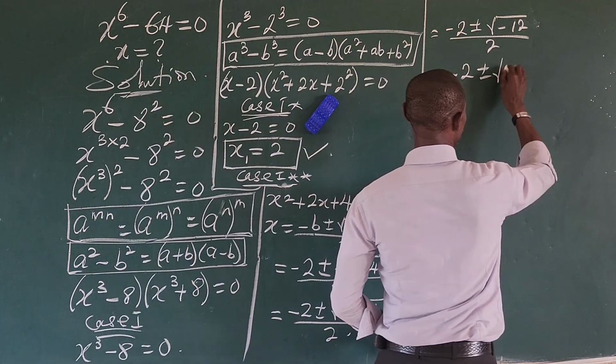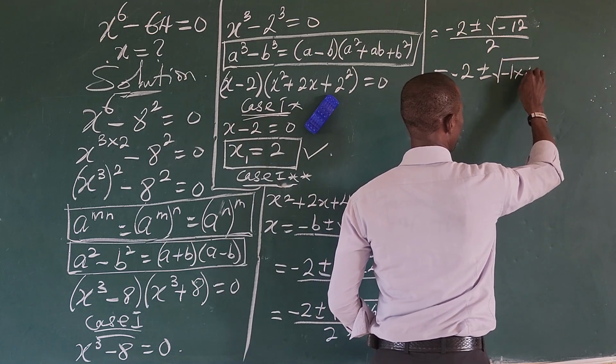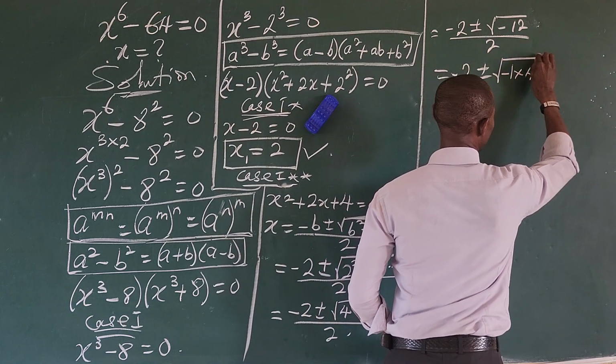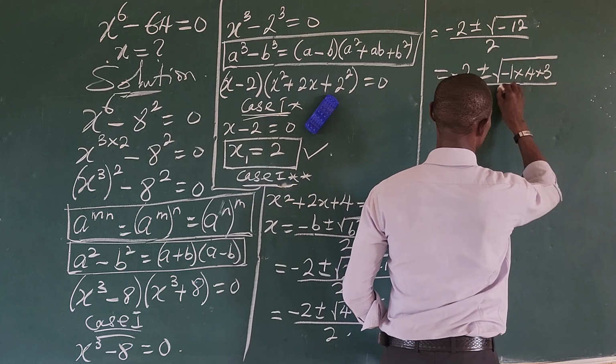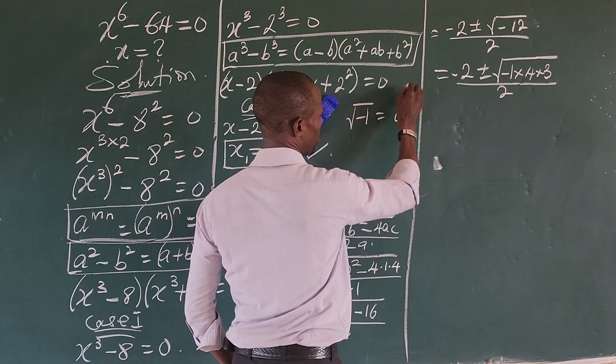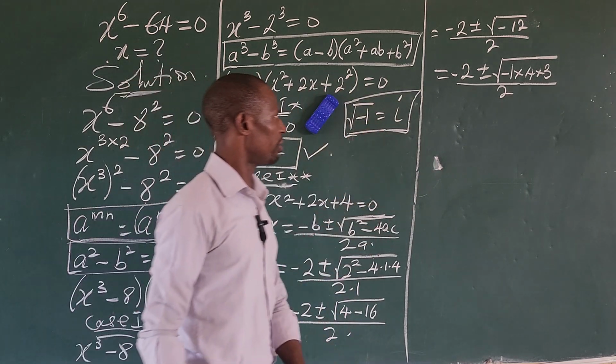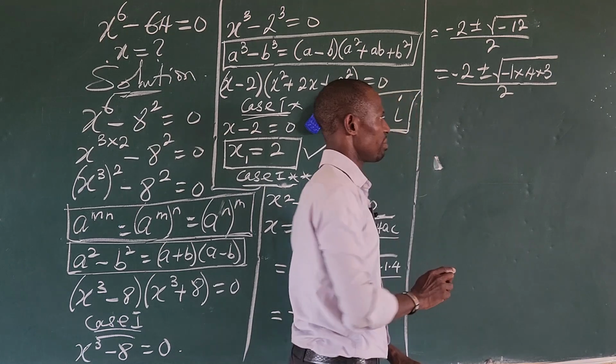So in fact, let's just split everything here: minus 1 times 4 times 3, then all over 2. Now we know that the square root of minus 1 is equal to iota. We all know this, right? If you don't know, this is the value here. And here we have this to be an imaginary number.